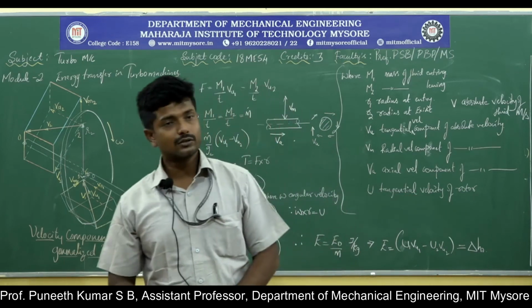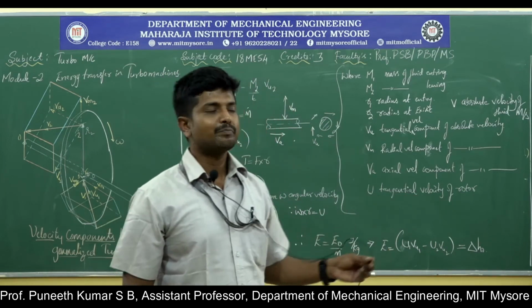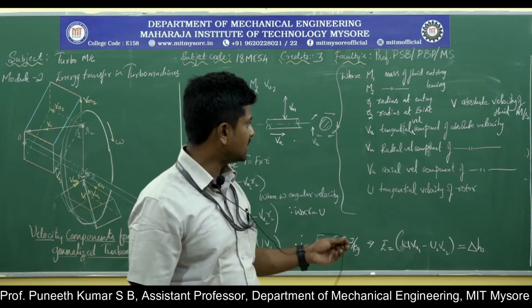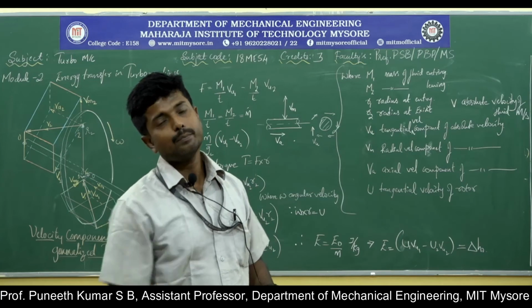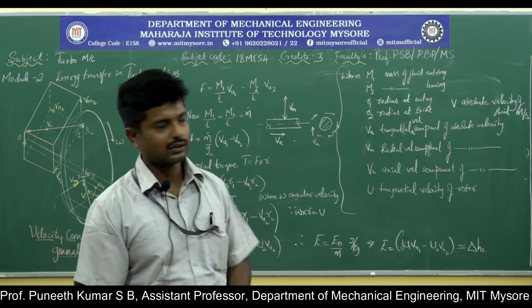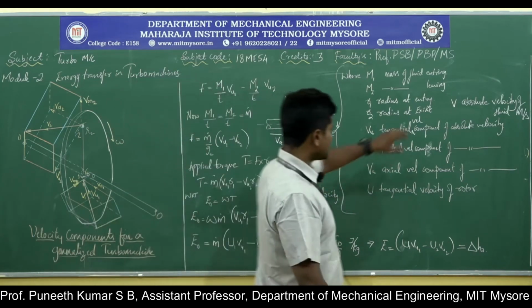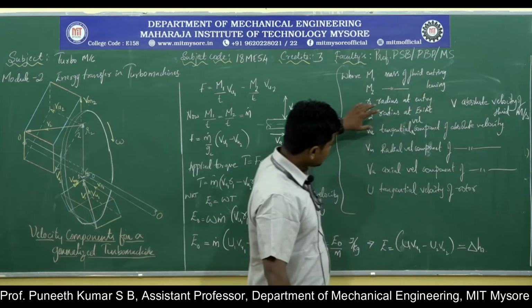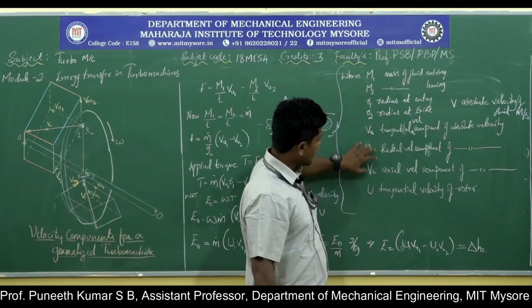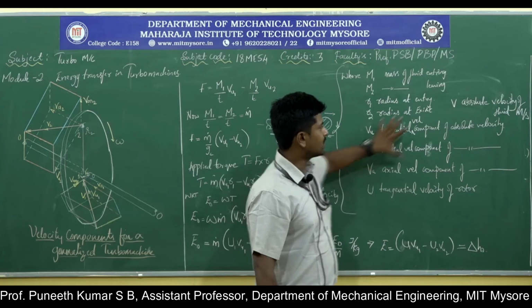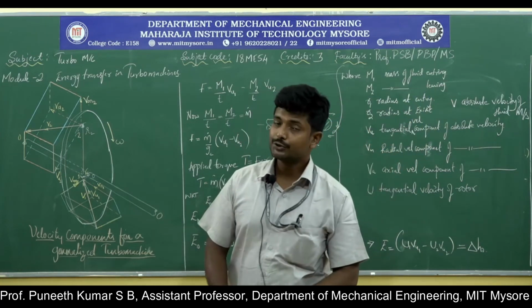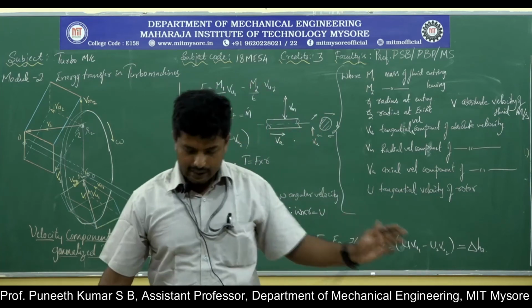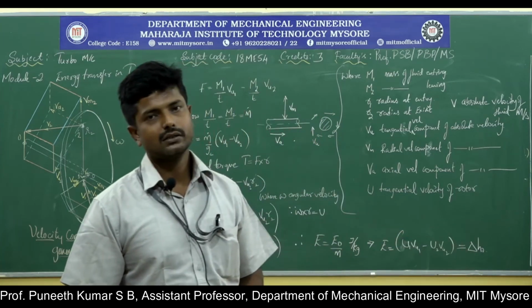I hope we have understood the difference between the absolute velocity and the different velocity components of absolute velocity. This is the absolute velocity, and these three are the resolved components of absolute velocity. There should be no confusion in the understanding of the notations.